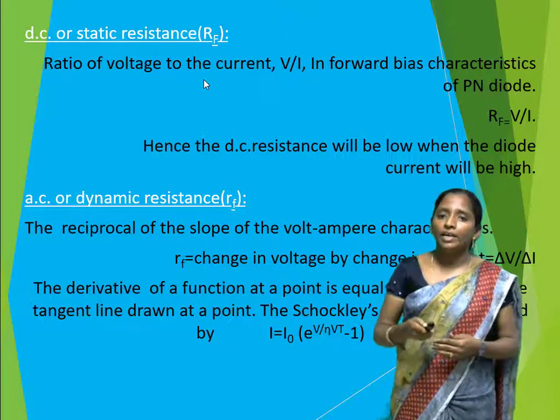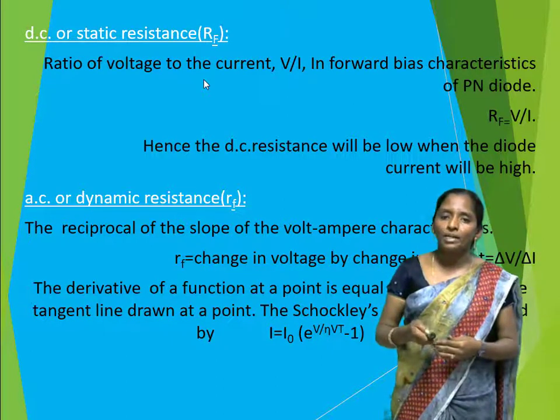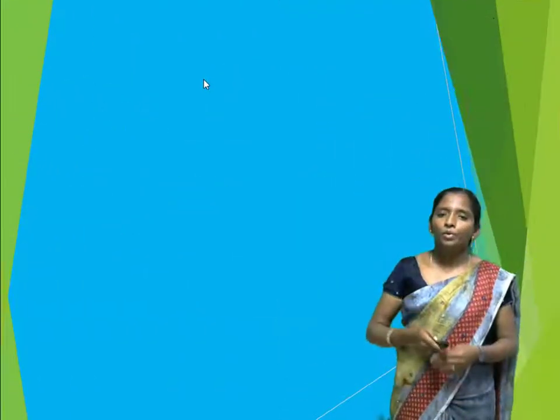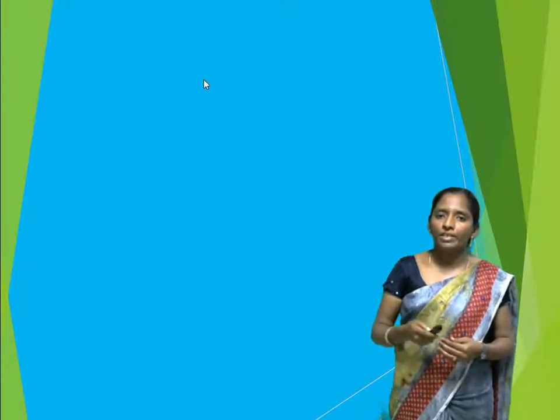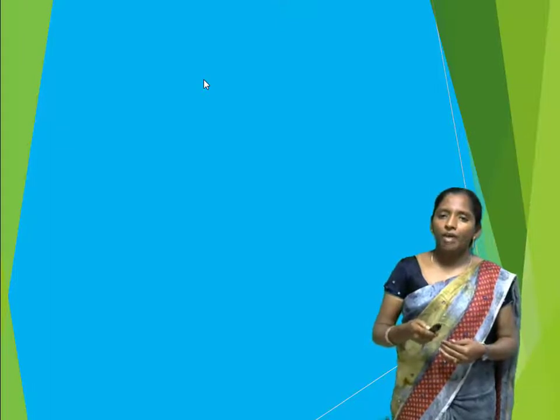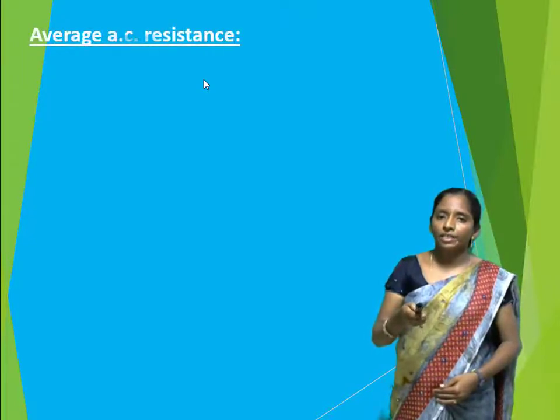Here the diode current equation is I equal to I naught into e to the power V by eta Vt minus 1. There are two types of resistance in the forward bias, that is R equal to Rb plus Rj, where Rb is the bulk resistance and Rj is the junction resistance.